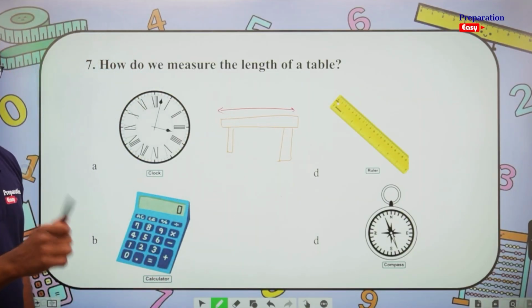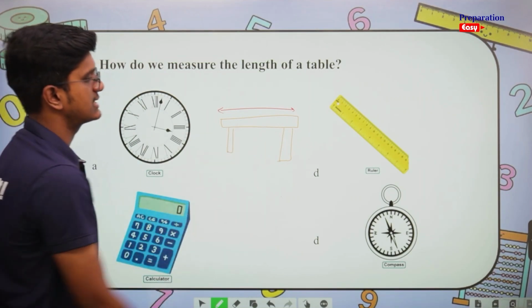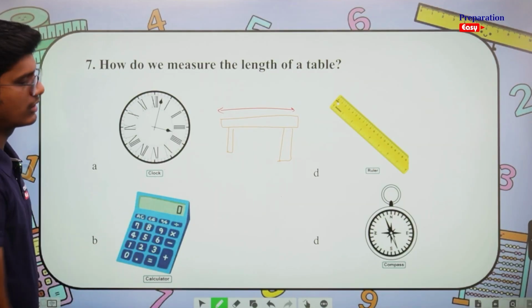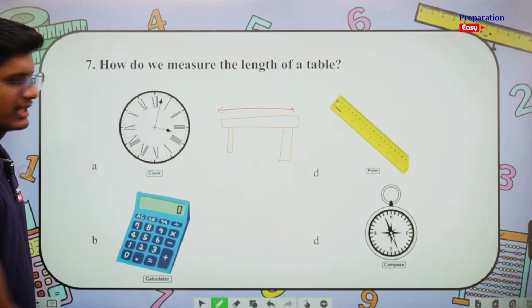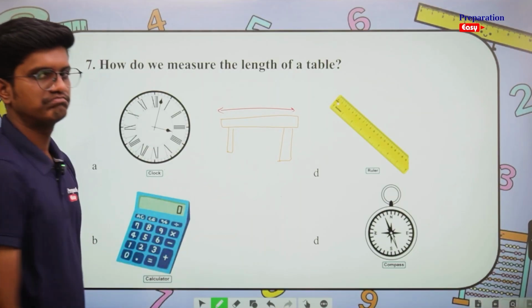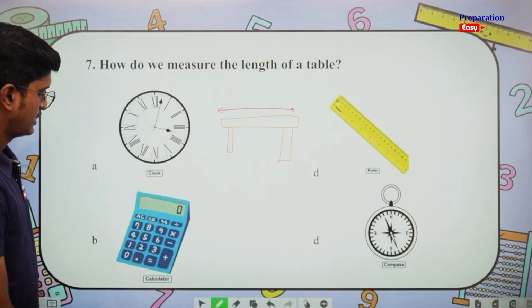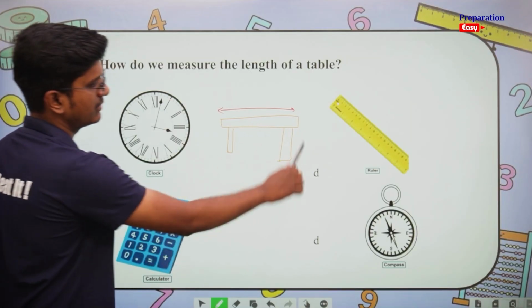Previously we have seen tools for measurement. So which tool can we use to measure the length of this table? First, the clock. What does the clock tell us? Clock tells us about time. Can the clock measure the length of this table? No, I don't think so. The second option is calculator. Can a calculator measure the length of this table?